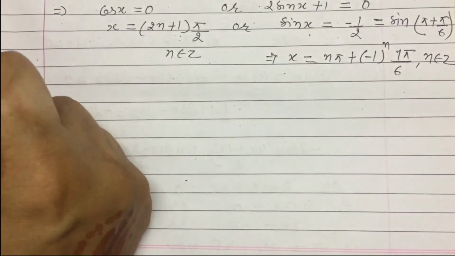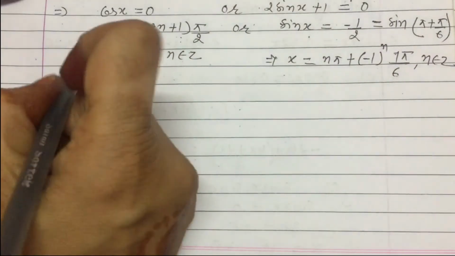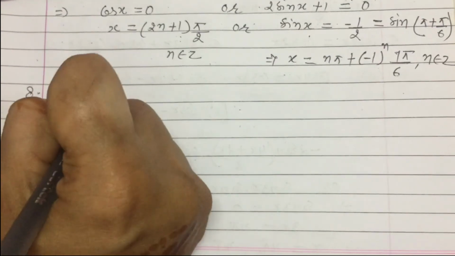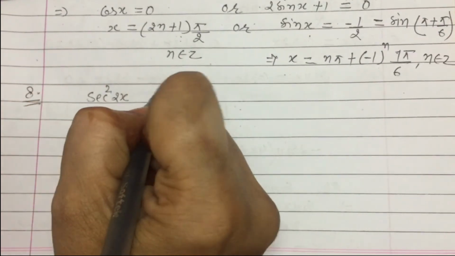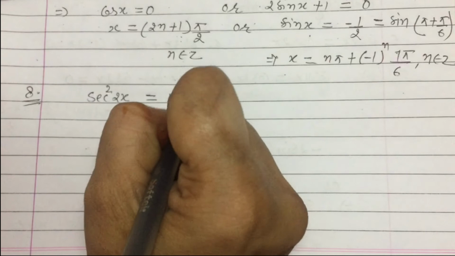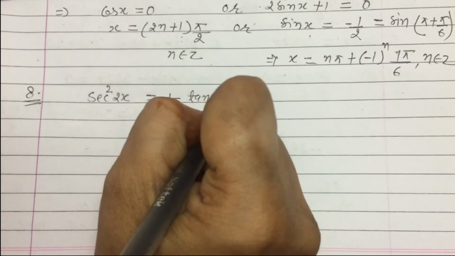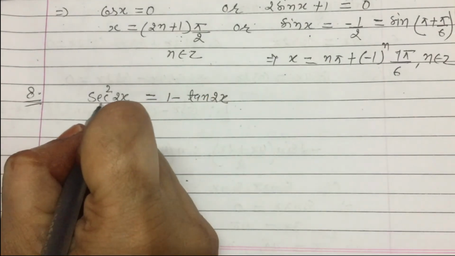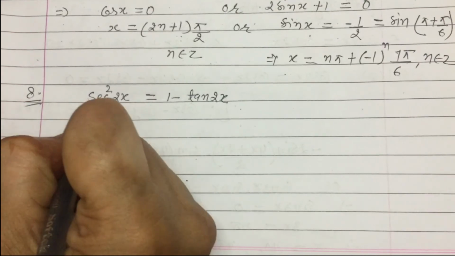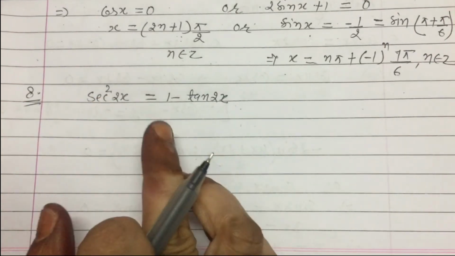Next question, question number 8. Question is sec square 2x is equal to 1 minus tan 2x. First apply the identity, sec square x is equal to 1 plus tan square x.